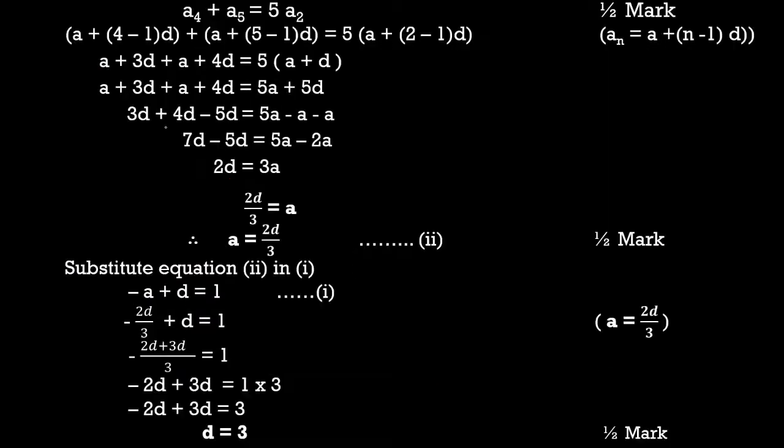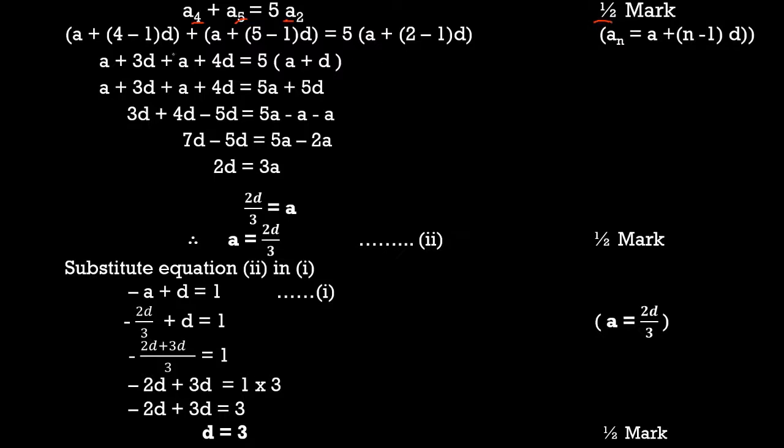Second condition is the sum of the fourth and fifth terms is 5 times the second term. The sum of the fourth and fifth terms can be written as fourth term A4 plus fifth term A5 is equal to 5 times the second term, 5 into A2. A4 plus A5 is equal to 5 into A2. Half marks for writing this equation.